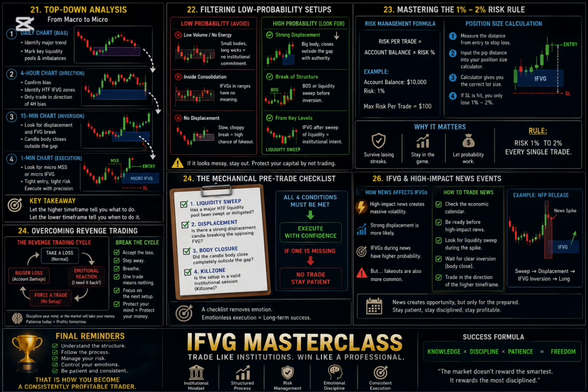Condition 1: has a major higher time frame liquidity pool been swept or mitigated successfully? Condition 2: is there a clear energetic displacement candle breaking an opposing fair value gap?